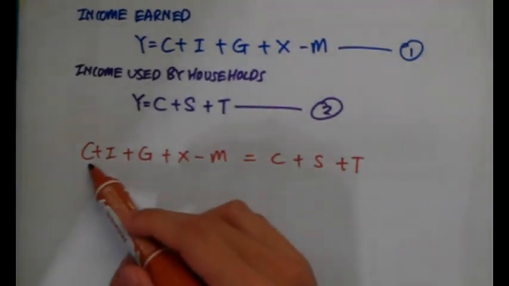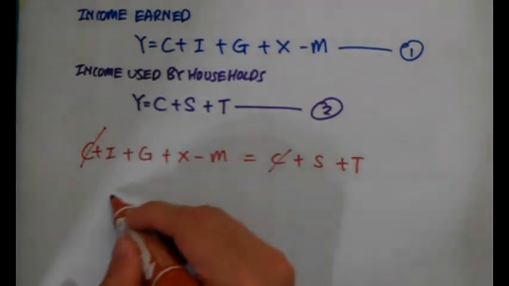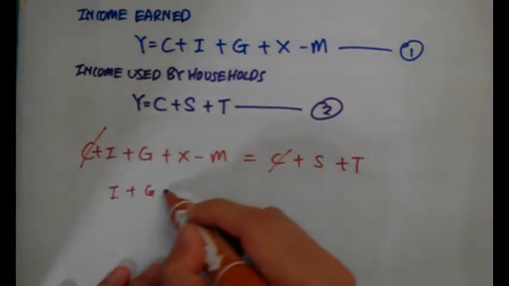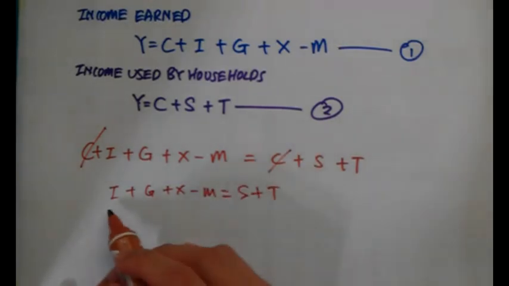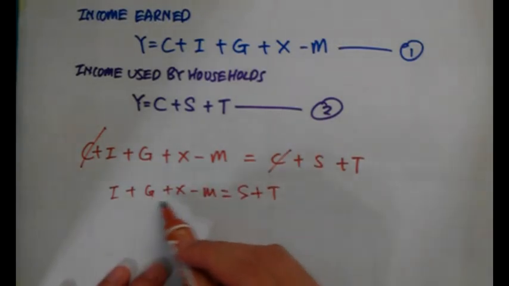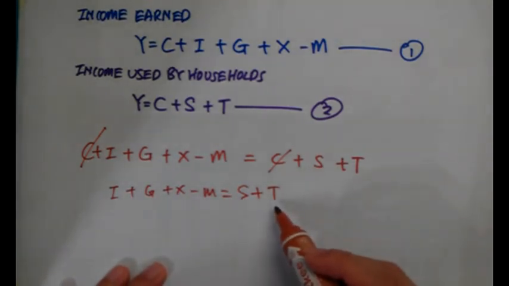Since there's C over here and there's C over here, the C actually cancels out. So what I have remaining is I plus G plus X minus M equals S plus T. Investment, government expenditure, exports, imports, savings, and taxes.